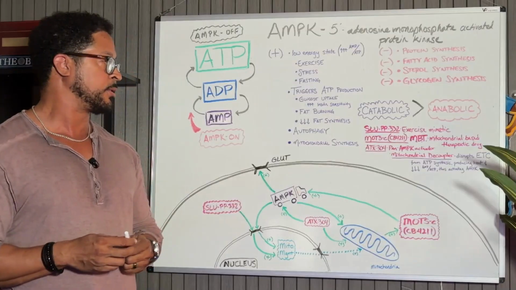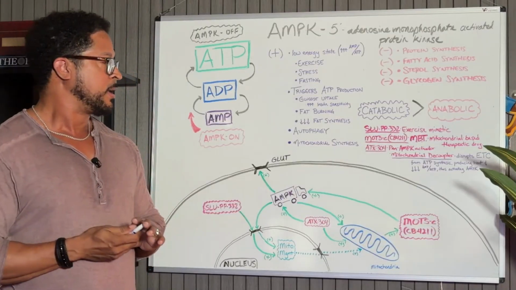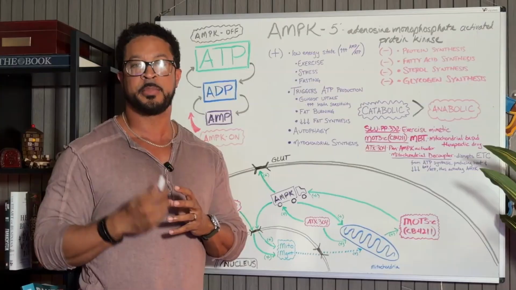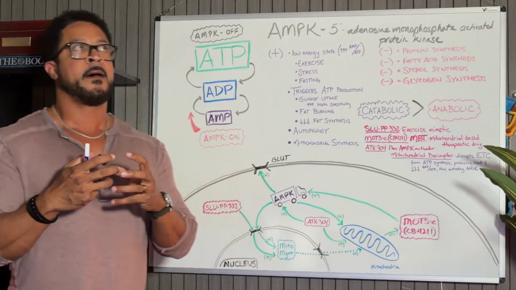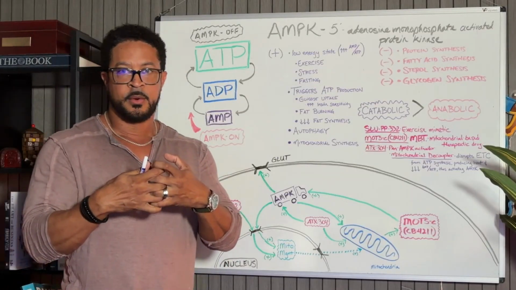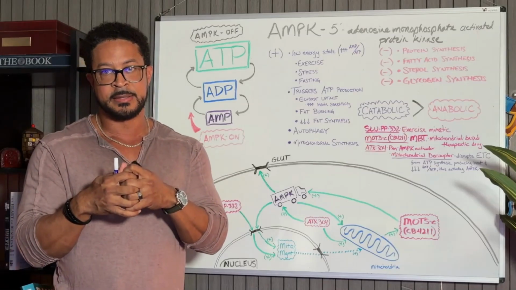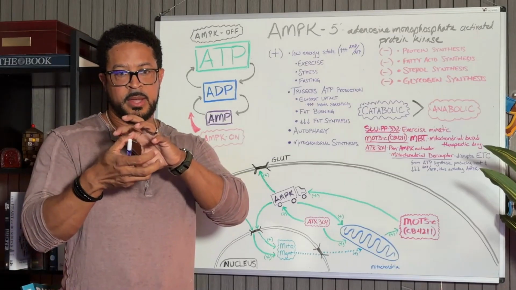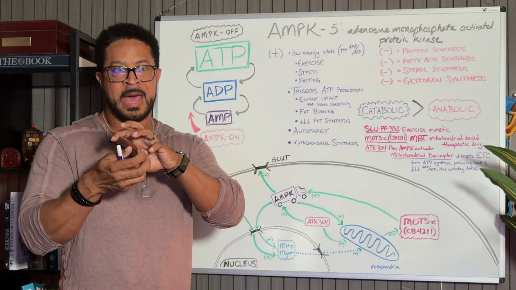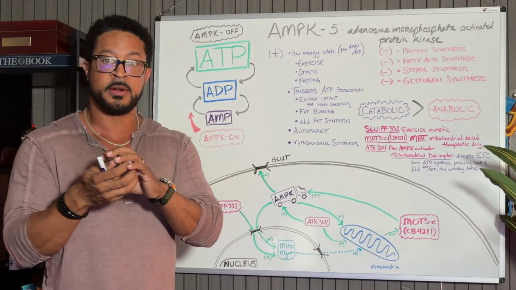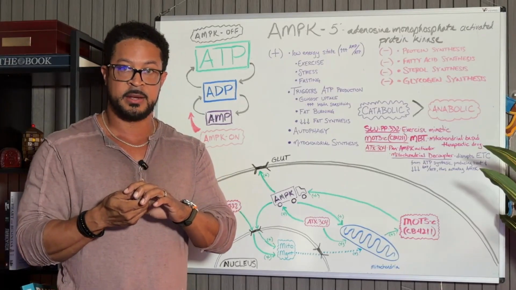The second thing it's going to do, and I think this is really neat, its second action is called mitochondrial decoupling. It decouples one of the actions of the mitochondria. As the mitochondria is trying to build ATP, you've heard of the electron transport chain, right?